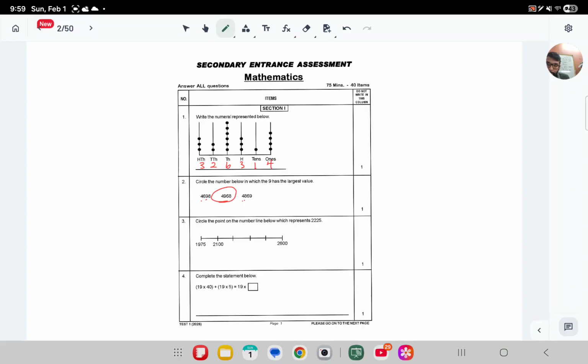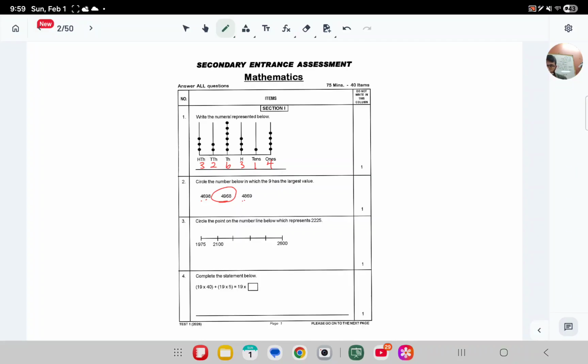Therefore the value of the 9 would be 900, which is the largest, because the value of the 9 in the first number would be 90, and the value of the 9 in the last number would be 9.